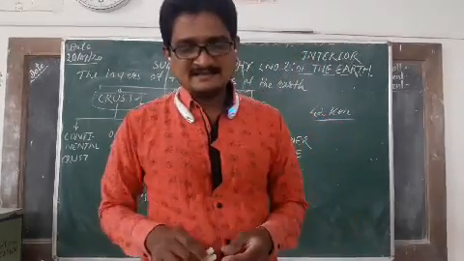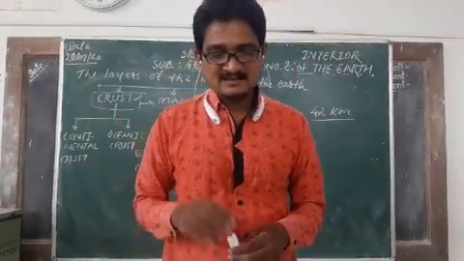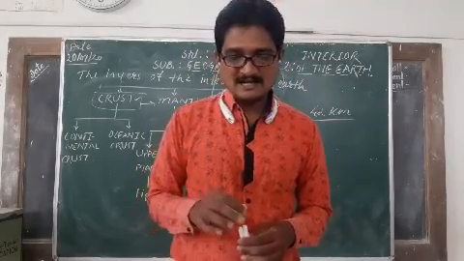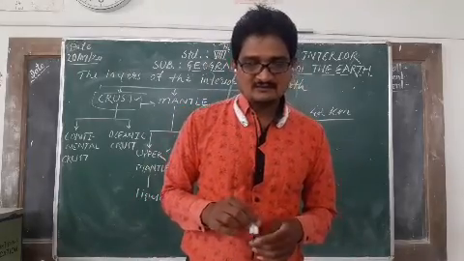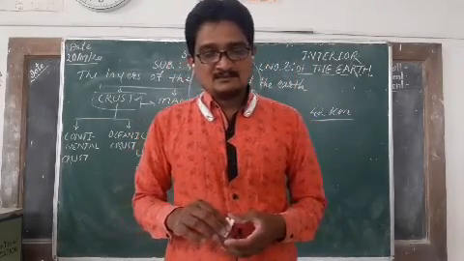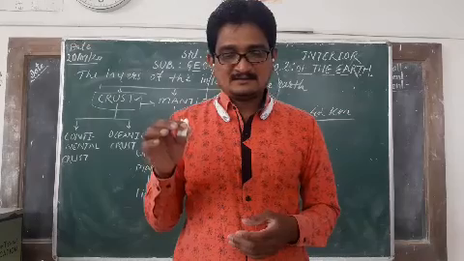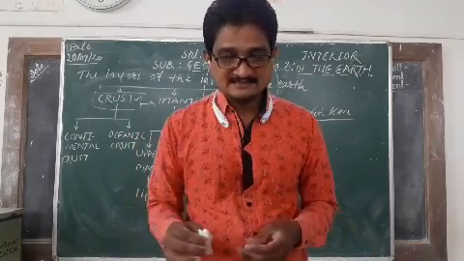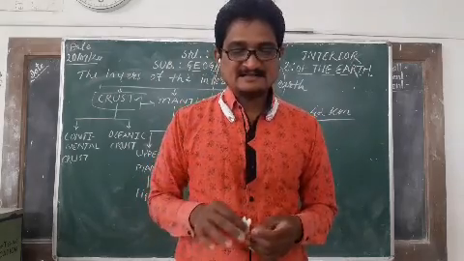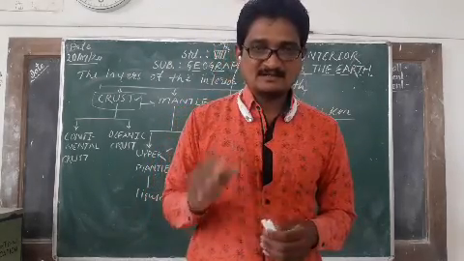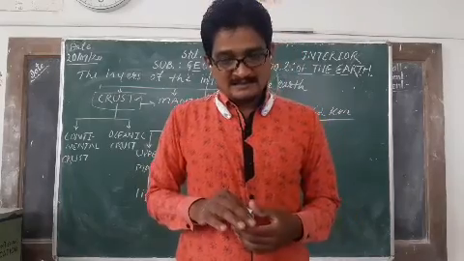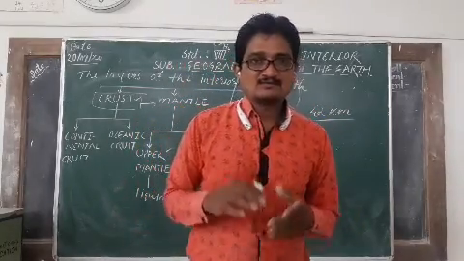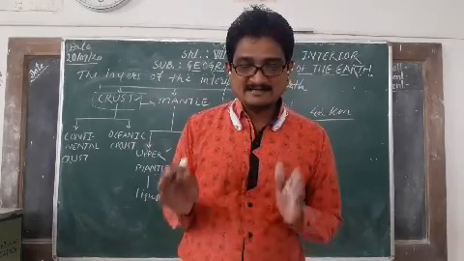So in this layer it is inferred that the temperature at a depth of 2400 to 2900 kilometers would be 2200 degrees Celsius to 2500 degrees Celsius. So here there is a sudden change in the structure and density of material too. It is estimated that this layer extends up to a depth of 2870 kilometers.